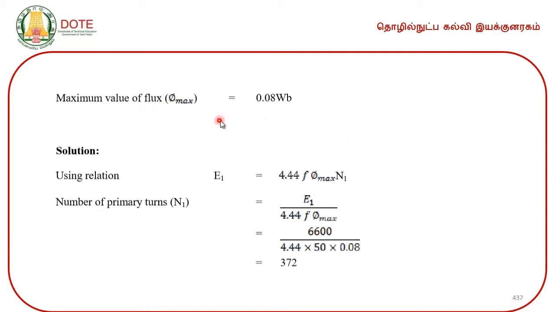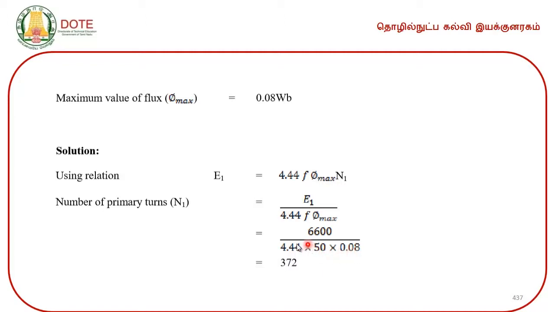Using the relation E1 is equal to 4.44 f phi max N1, we can straight away find out the number of turns N1, which is equal to E1 by 4.44 f phi max. All the other parameters are available. So, E1 is equal to 6600, frequency is 50, phi max is given as 0.08 Weber.